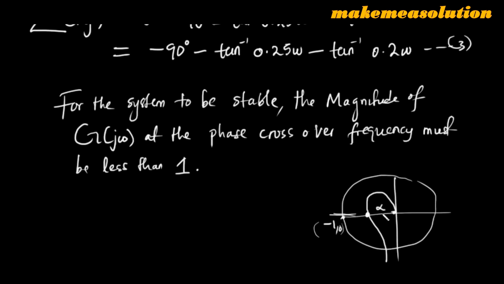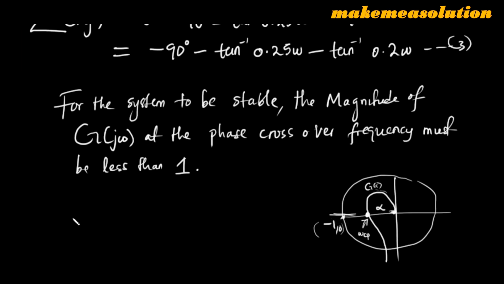This is the magnitude of this particular function G(s) at a particular frequency, which is called the phase crossover frequency, and it must be less than 1. As you can see, the height of alpha must always be below 1. That's our unit circle, because if alpha is more than 1, then the system will be unstable. But as long as alpha is less than 1, then the system will be stable.